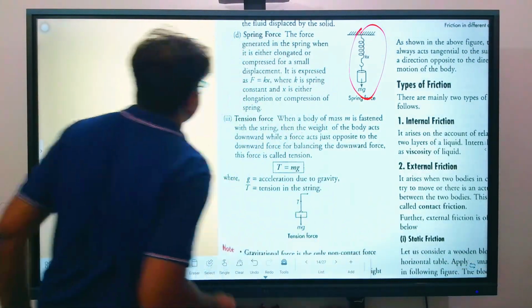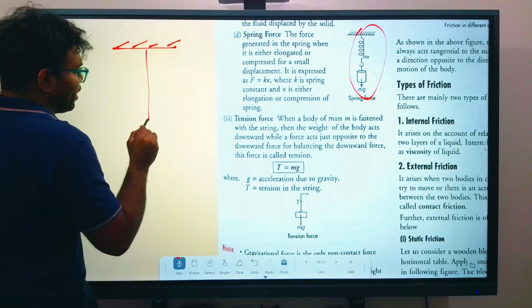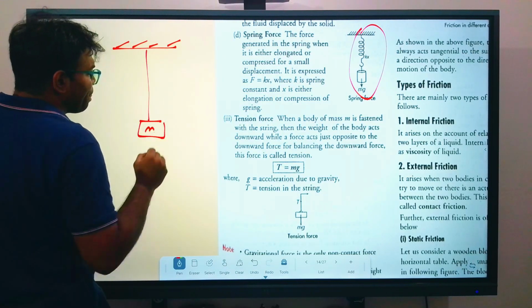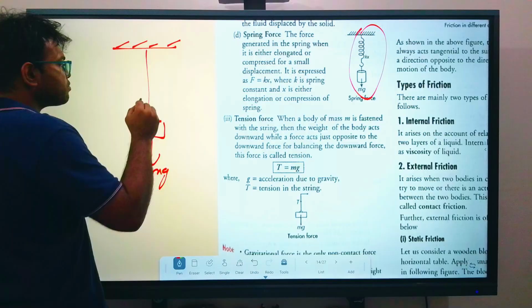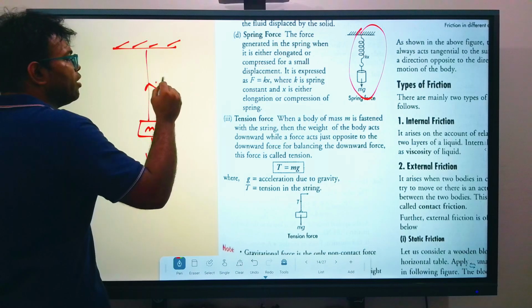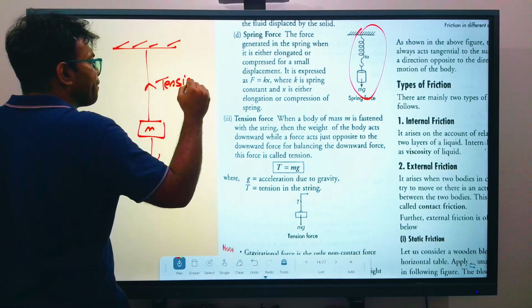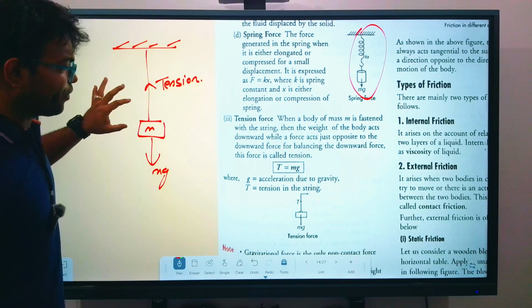Let me show you this. Let us imagine that this is the ceiling and this is a string. This is a mass m. The mass m has a downward force of mg. So the upward force that is experienced by the string is called tension. Tension is the force that basically goes through the string.